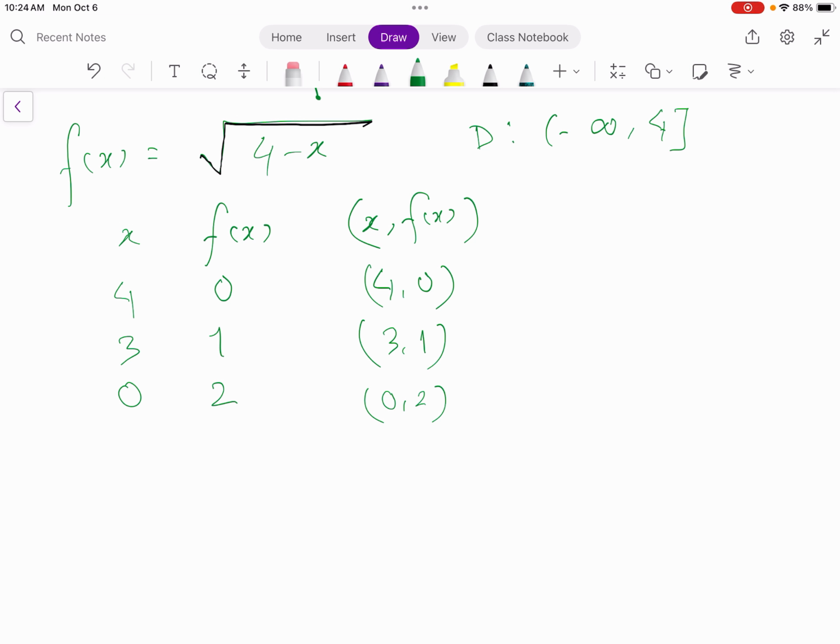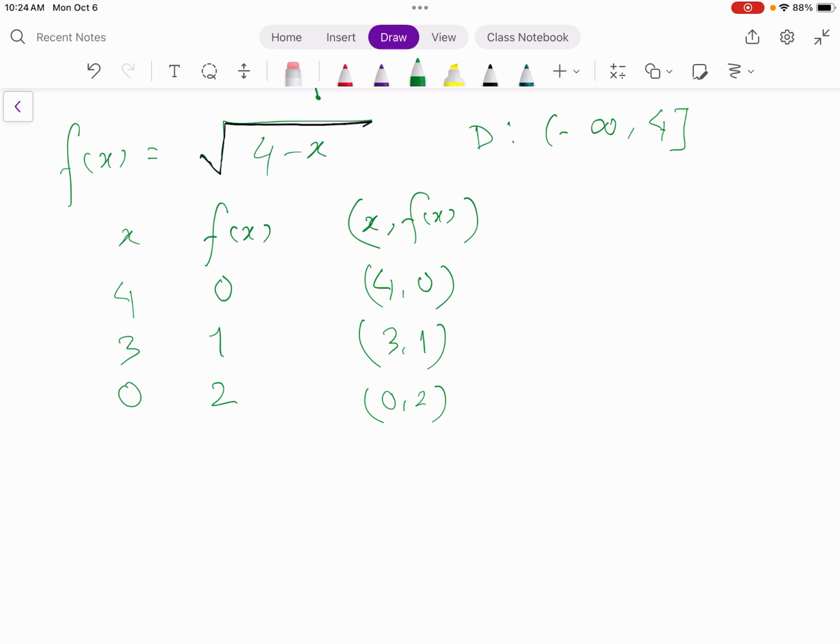Now what number do you want to pick next? Negative 2. You can pick negative 2. Now let's see what happens if we pick negative 2. We have 4 minus negative 2, that is 6. Square root of 6. So what is the square root of 6? We get some decimal number, right? So instead of that, let's pick a number so that we get a whole number as our output. It will be easy for us to graph, okay? So let's try to make it 9. So let's pick negative 5.